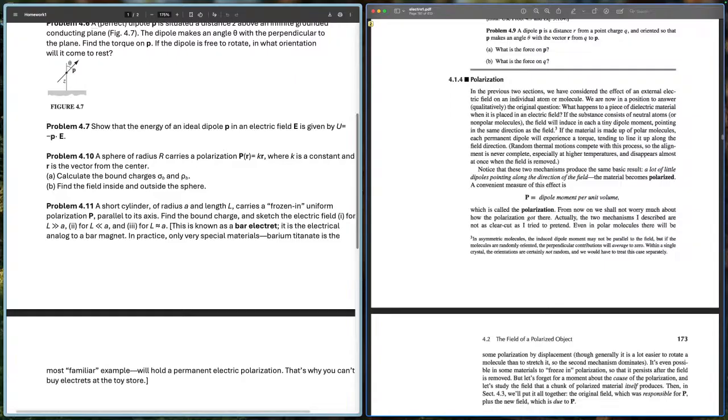The polarization is defined as the dipole moment per unit volume.